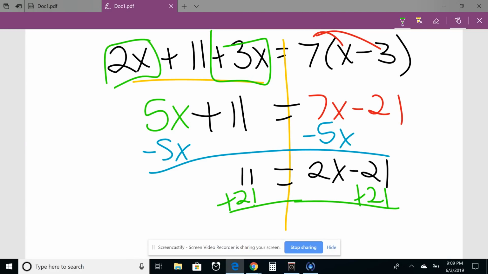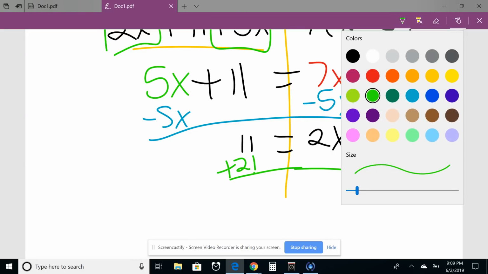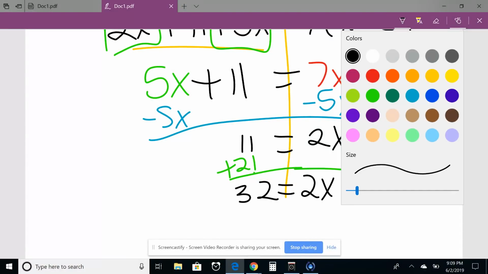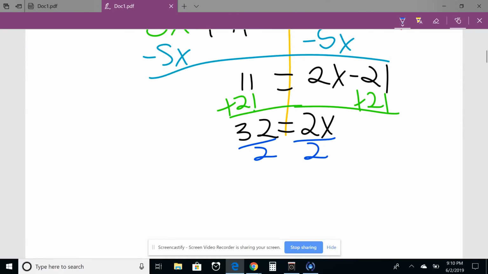And anytime I go across that line, that equal sign, you got to do the inverse operations. And you will get 32 is 2x. Divide both sides by 2. Then you get x is 16.